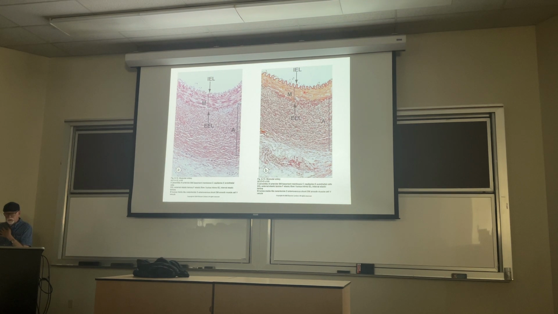Notice we don't stain much of the tunica media because we really don't have very many elastic fibers in a muscular artery. These are mostly smooth muscle cells. So that gives you some comparison there. Here you can see, if we look closely, this is another vasa vasorum, a blood vessel in the wall of another blood vessel.